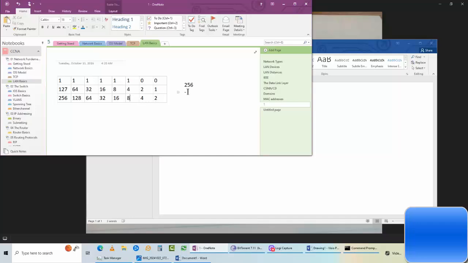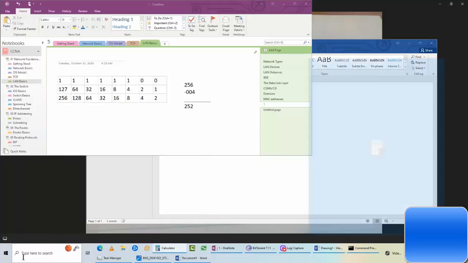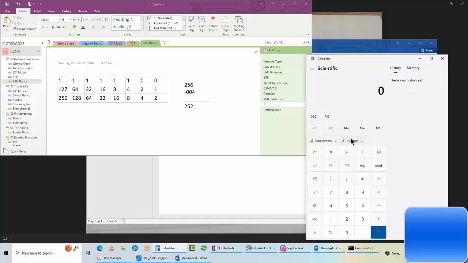So we are going to subtract 4 here, and that gives us 252. That means my subnet mask, if we add up all these numbers that have 1s, should come up to 252. Let's find out, because we're going to add up all the bits that are turned on. We have 128.